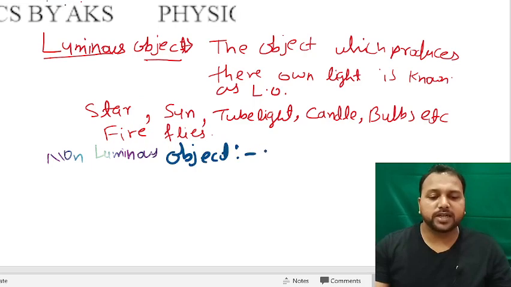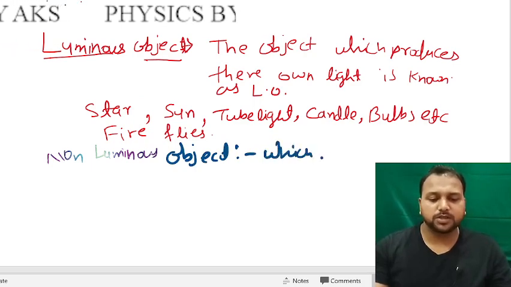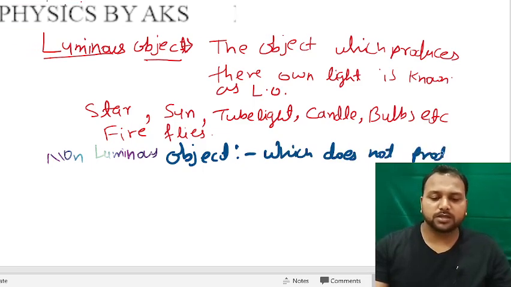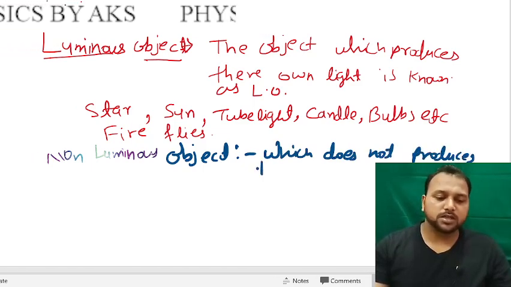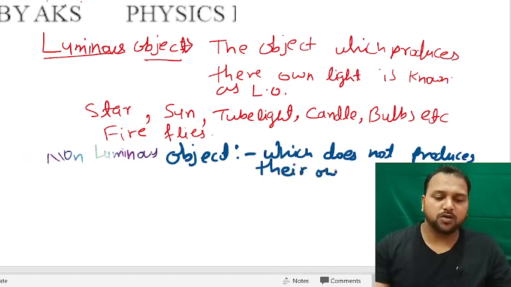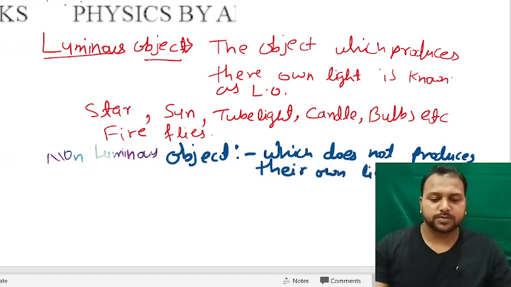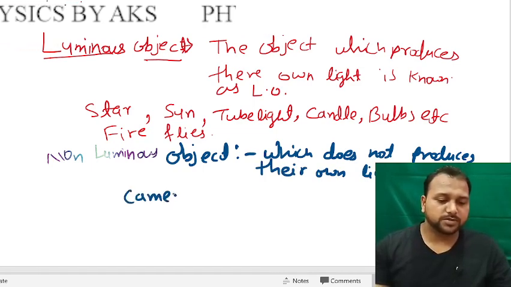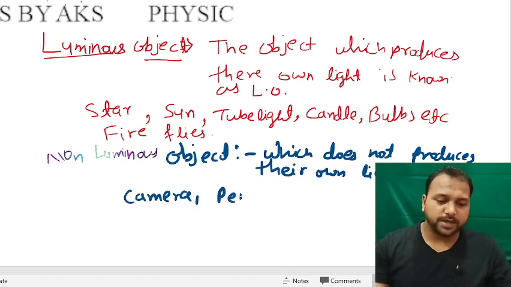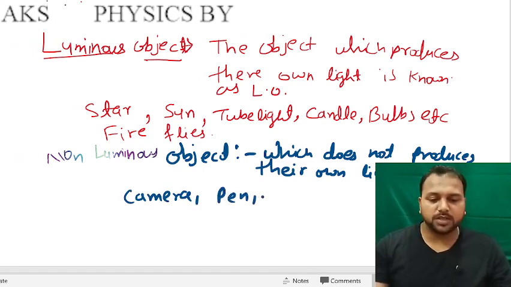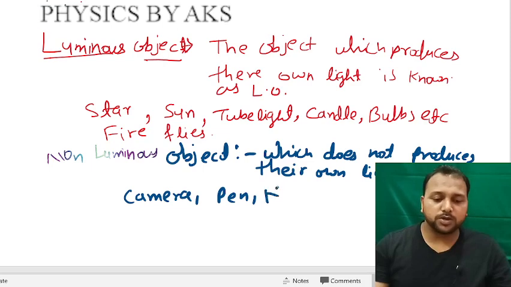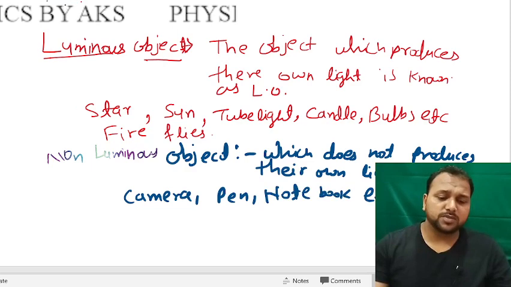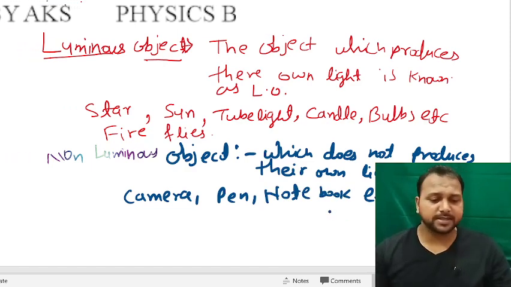The object which does not produce its own light, right? For example, your camera, pen, your notebook, and many others. So we will write etc.